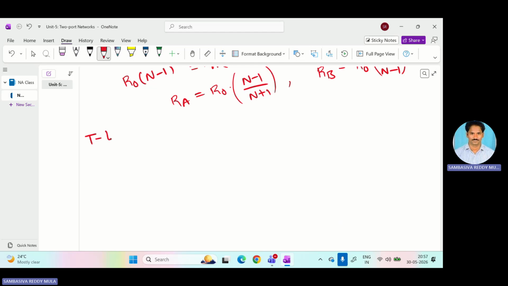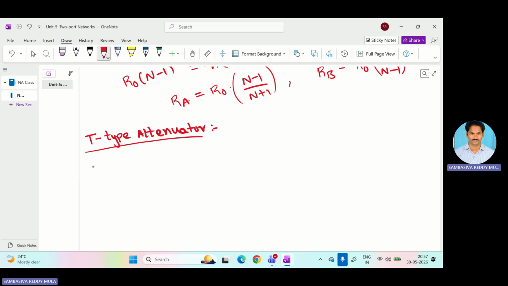So let us consider the T-type attenuator. Based on this bisection theorem only, we will classify the T-type and pi-type attenuators. A T-type attenuator is a symmetrical but unbalanced network.